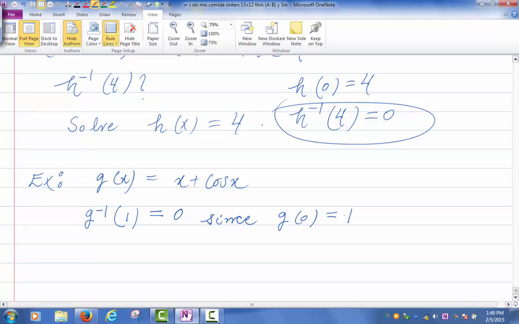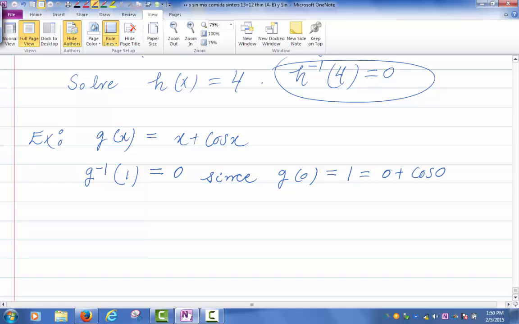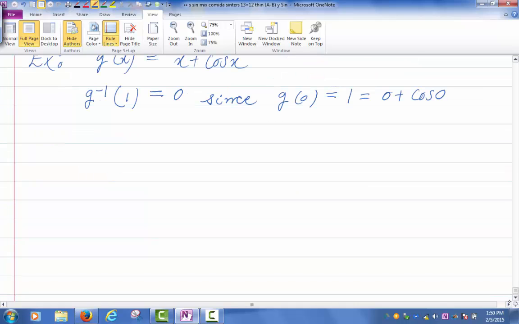G of 0 would be 0 plus cosine 0, and 0 plus cosine 0 is 1. Cosine 0 is 1. So g inverse of 1 would be 0. Is that okay? Everybody's okay?